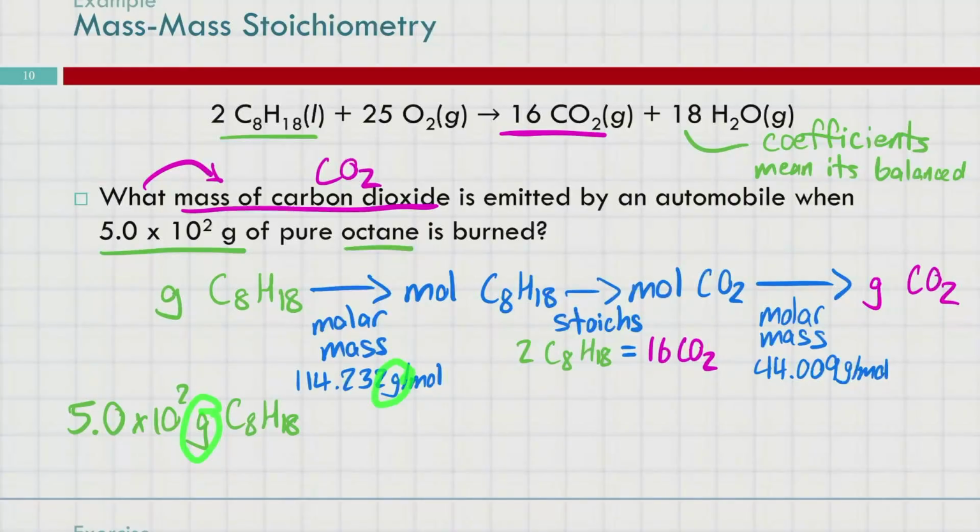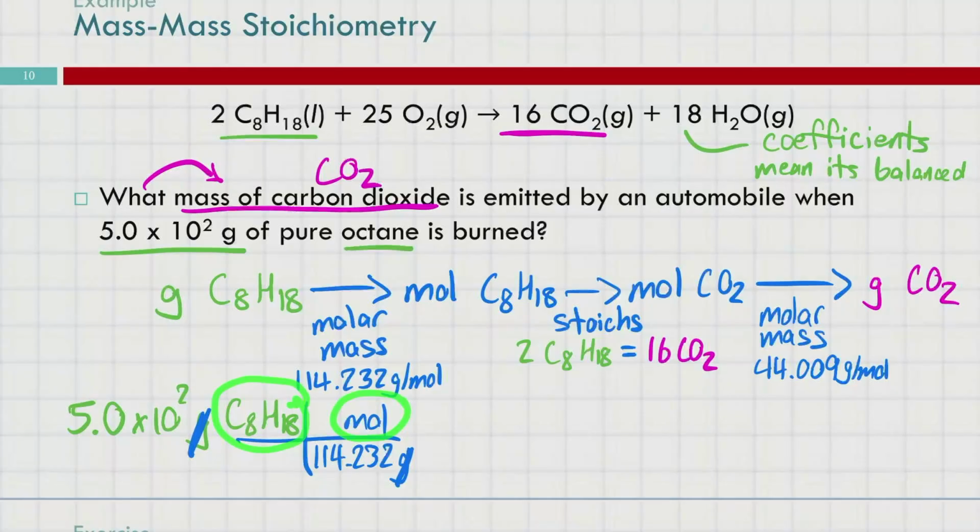So we're going to divide by our molar mass. That will cause our grams to get canceled out, our new units, moles of octane. Perfect. That's in line with our first stop on our journey.